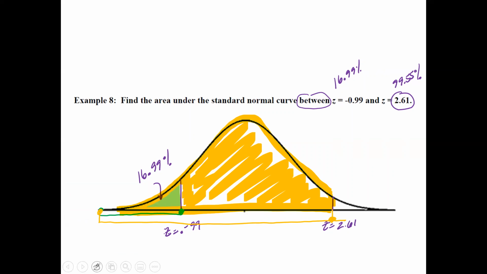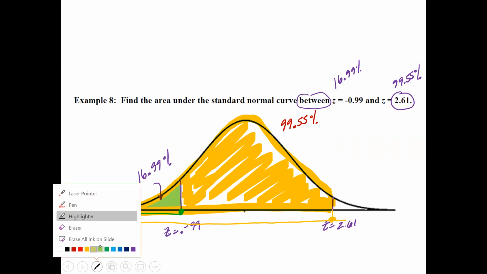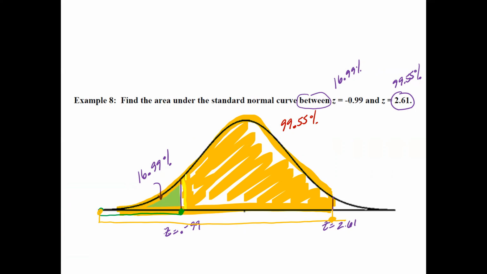And that orange area is going to be 99.55%. So if you want to find the area between, and that area between will result in this yellow area right there, you will have to subtract the two percentages from each other.